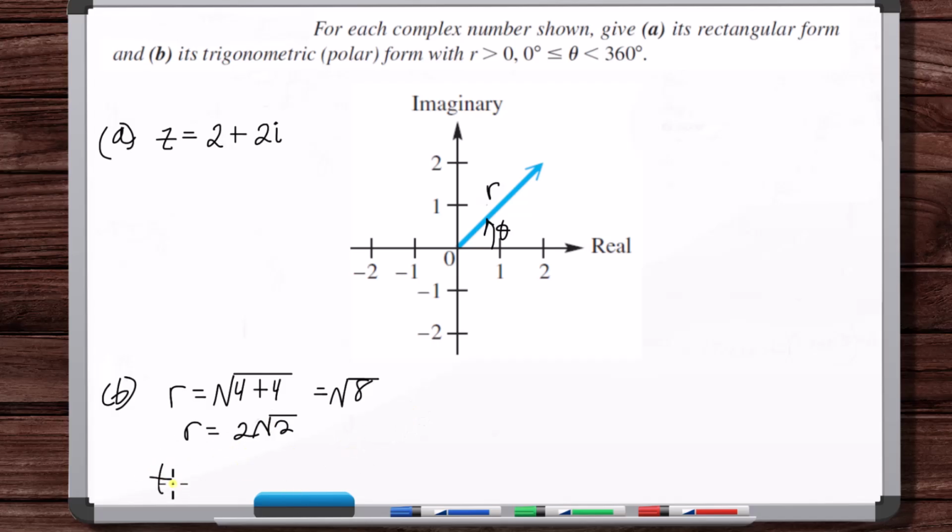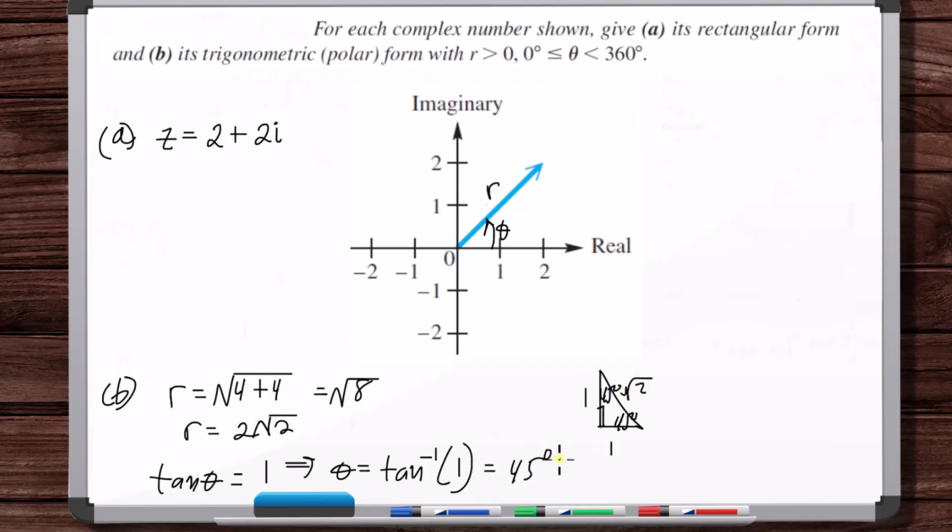Now we use the fact that tangent theta is 2 over 2, which is equal to 1. We're in the first quadrant, so we just do arc tangent of 1. We know the 45, 45, 90 triangle, 1, 1, root 2. Tangent of 45 is 1.